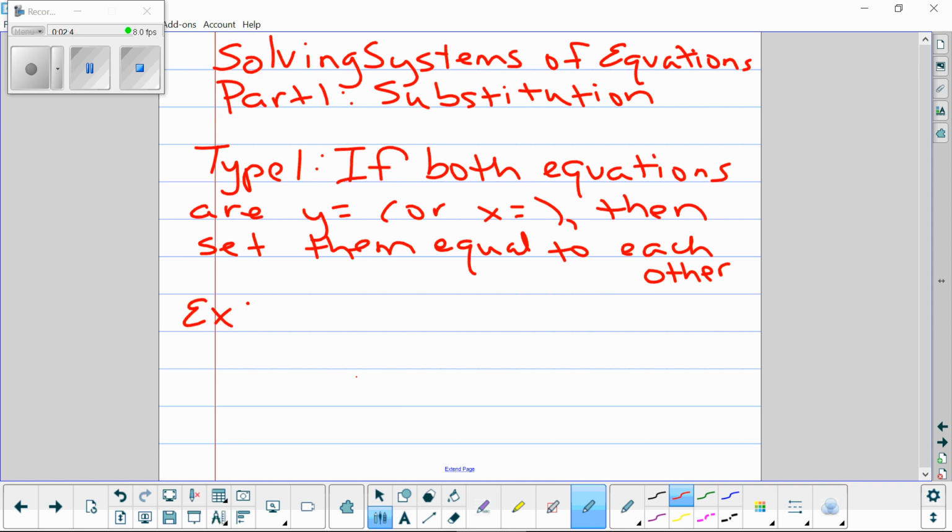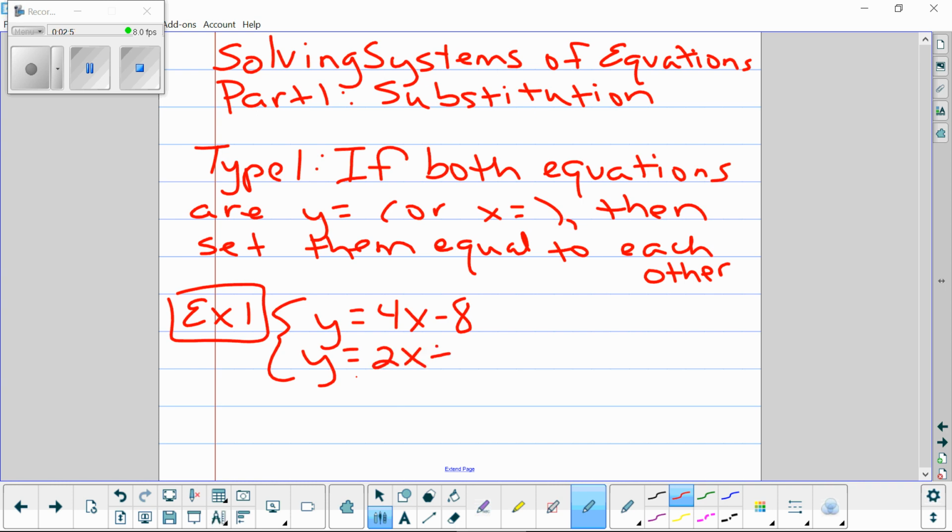So for example, if we have the system y equals 4x minus 8 and y equals 2x plus 10, you can see that clearly these equations both start with y equals, so this does fall under that type 1 umbrella.